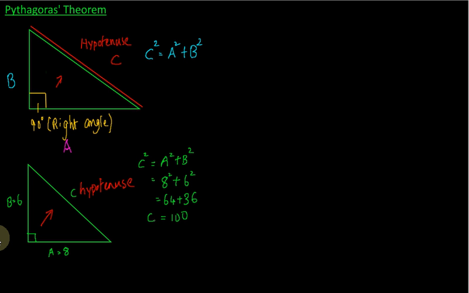So C square equals 100. So I can write C equals square root of 100, which is equal to 10. So I found this side, this is equal to 10. So this is where we use Pythagoras theorem to find one missing side if two other sides are given. Now let's check another example.